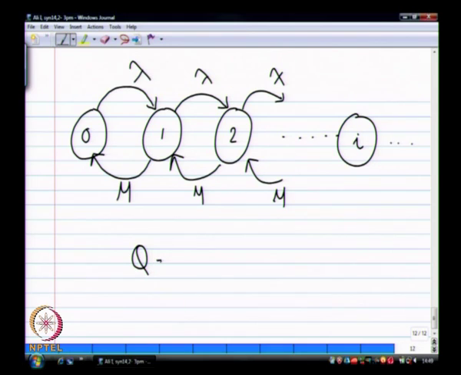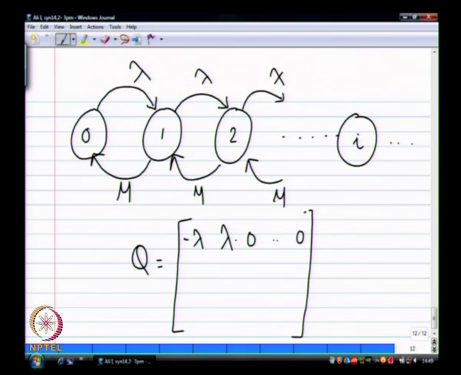So this is my basic rate equation. If I were to look at this matrix, from 0 to 1 it is lambda, this will be minus lambda, and everything else is 0.